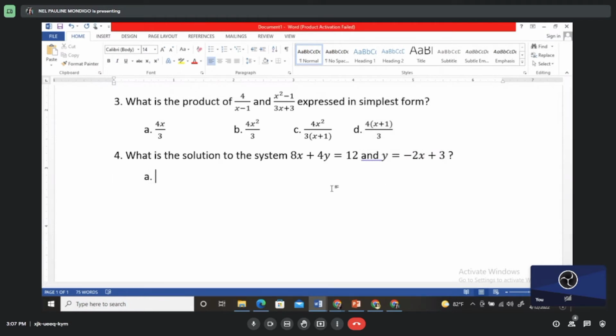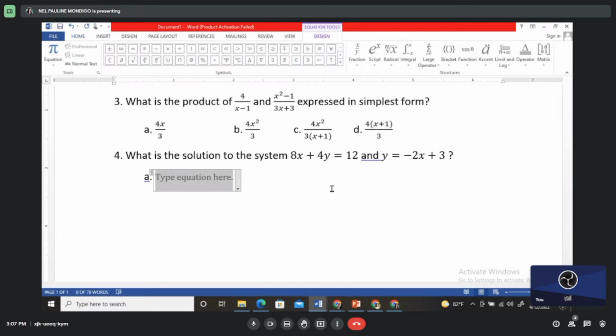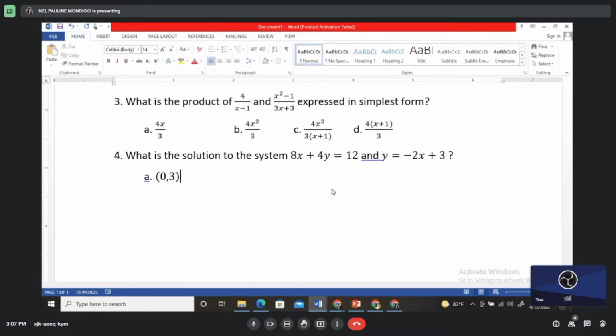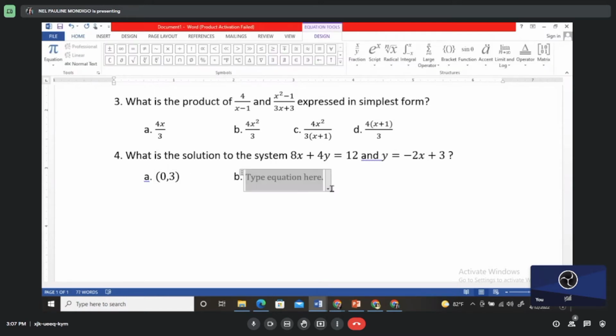For letter A, our choices are x and y. So for letter A, let's add an equation again because it's a number, open parentheses, 0 and 3. For letter B, add equation again, 3 and 0.